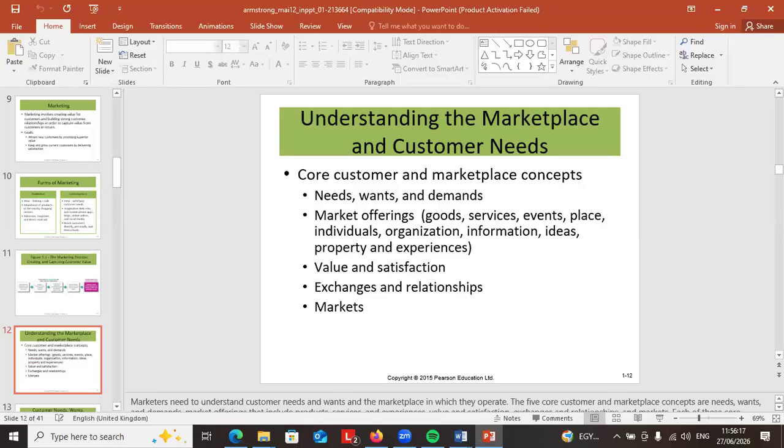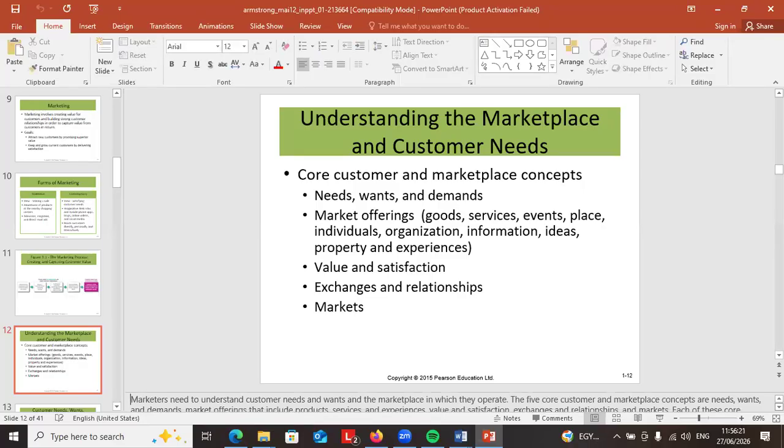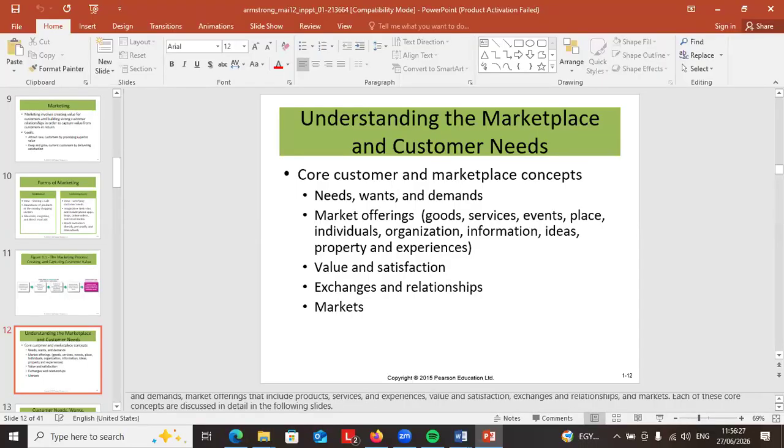Now, the 5 core customer and marketplace concepts are needs, wants, and demands on one hand. Then market offerings is the second one, which includes the 10 entities that marketers are concerned with. That's why we have goods marketers, services marketers, event marketers, place marketers, individual/celebrity marketers, right?